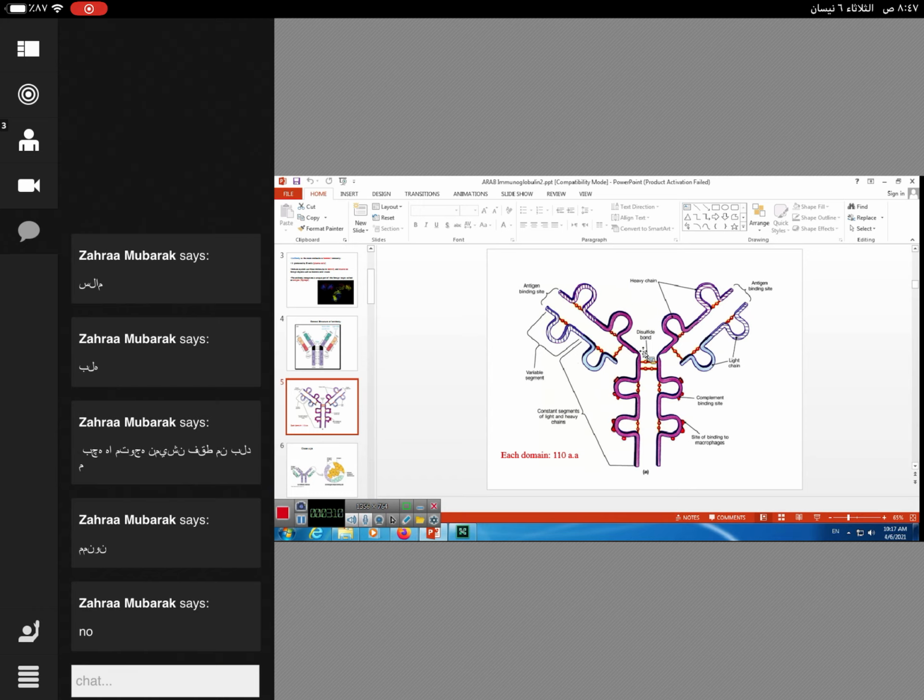There are two different types of immunoglobulin domain.